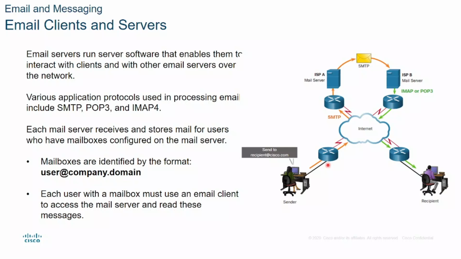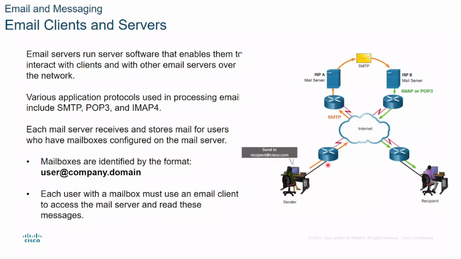Each mail server receives and stores emails for users who have mailboxes configured on the mail server. Mailboxes are identified by the format your user has configured, just like your name at gmail.com. Each user with a mailbox must use an email client to access the mail server and read messages.